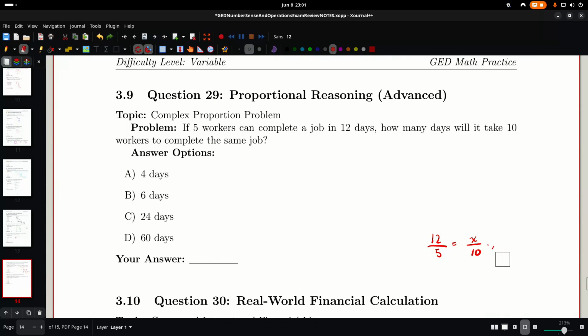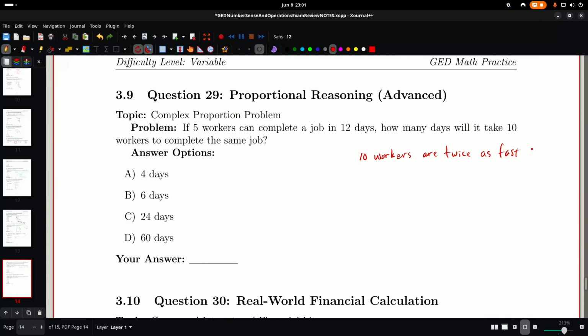So as I was saying originally, 10 workers are twice as fast as 5 workers, as long as they all work at the same speed, which we assume that they do.